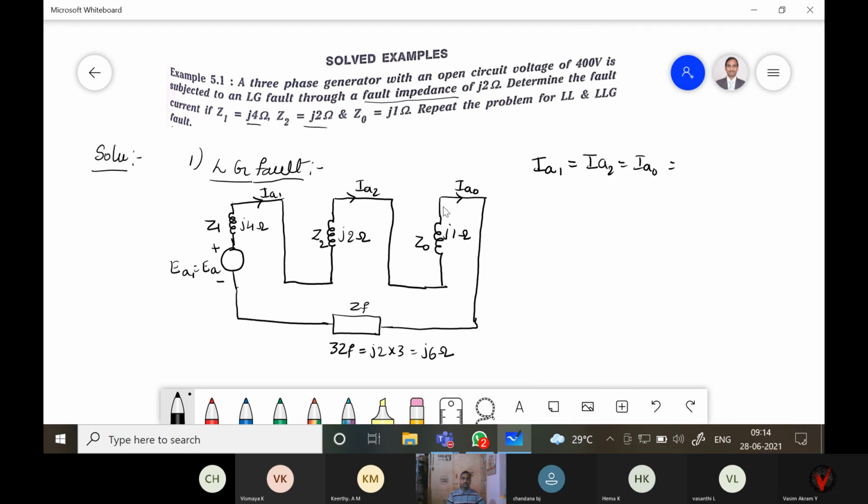Kirchhoff voltage law applies here: EA divided by the total impedance. Total impedance is Z1, Z2, Z0 and 3 times ZF. So that is EA divided by Z1 plus Z2 plus Z0 plus 3 times ZF.